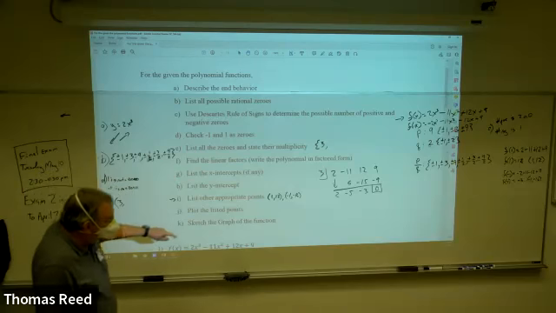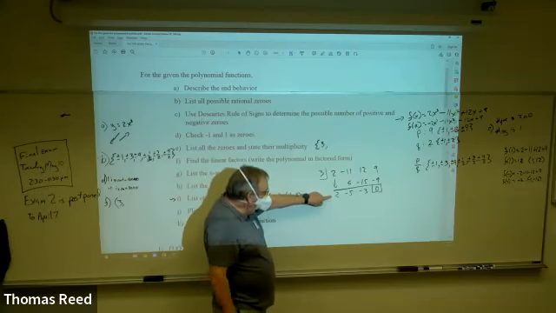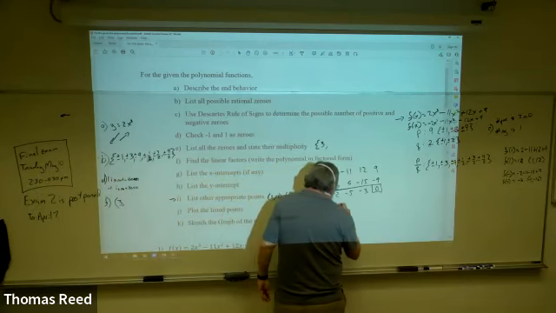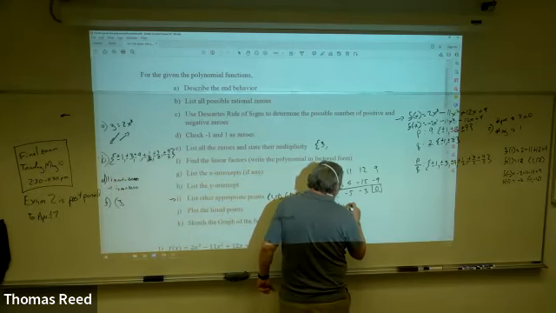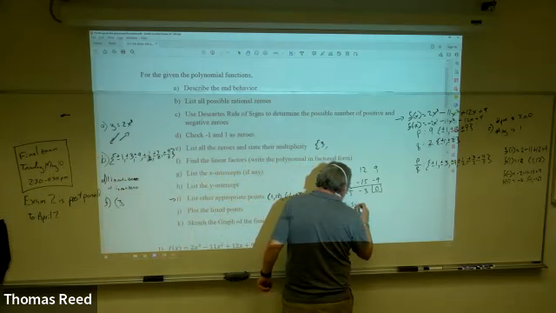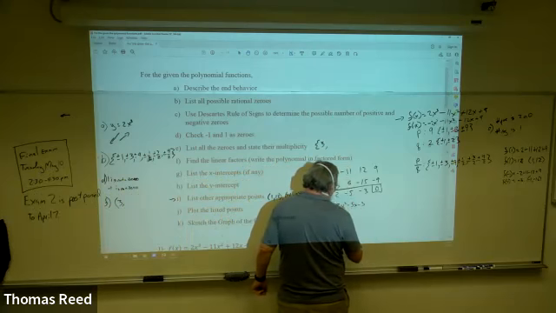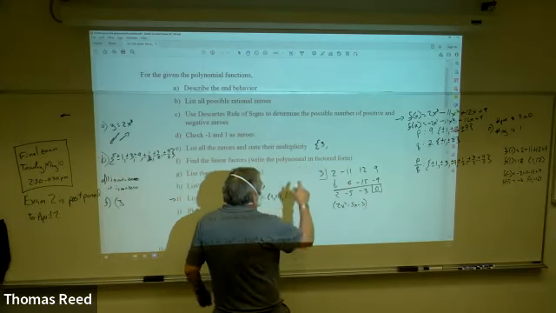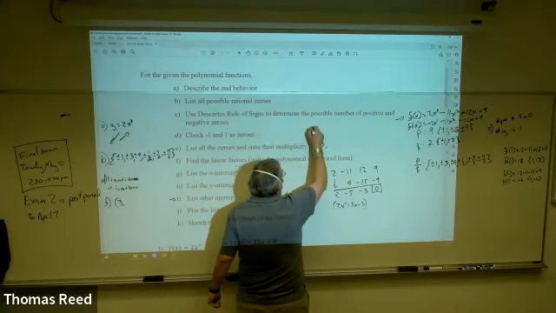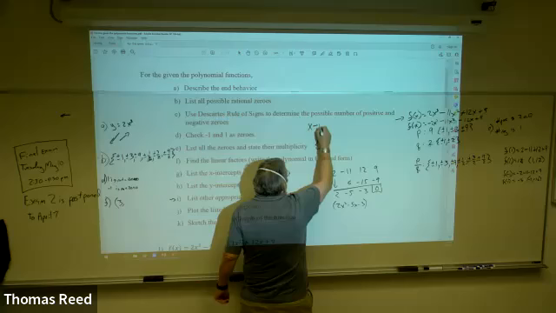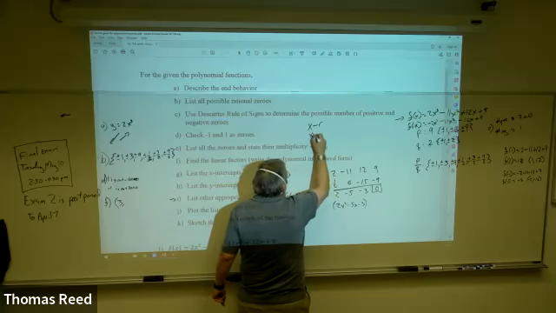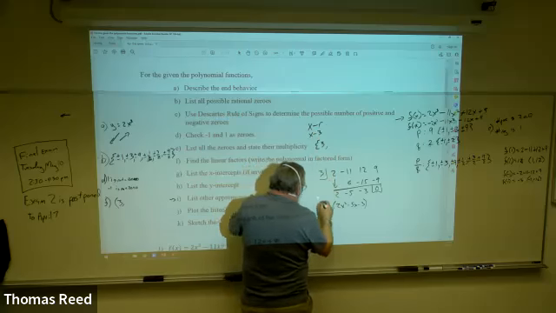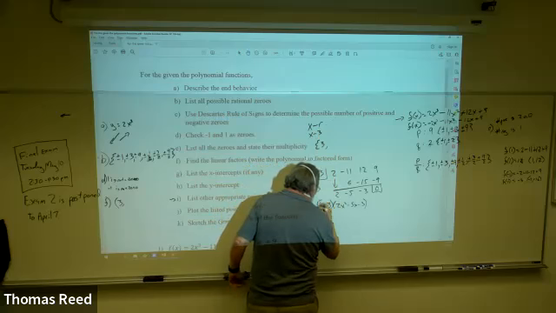So now we have the depressed form of the equation, which is 2x squared minus 5x minus 3. And once you find a zero, you can write it as x minus r. So this will be x minus 3. So x minus 3 is a factor.